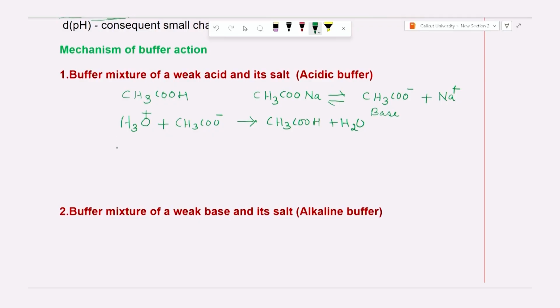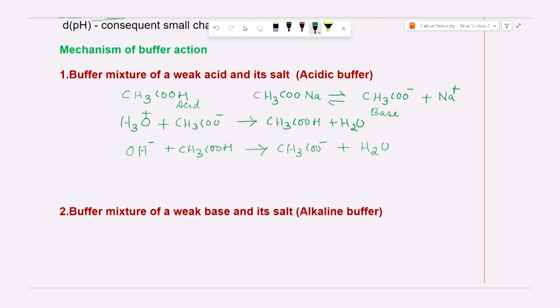Now, suppose I am adding an alkali, that is OH minus ions. Excess OH minus ions will come to the solution, and here we have an acid, so the OH minus will combine with that acid, CH3COOH, to give acetate ion and water. So, the OH minus ions are removed from the system.